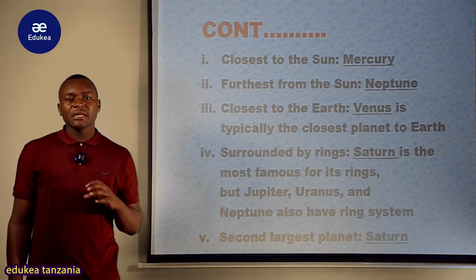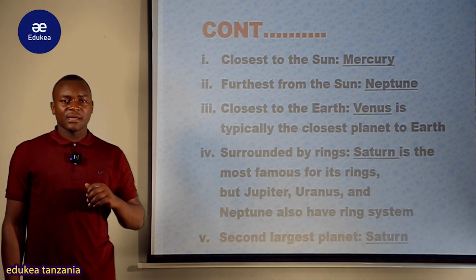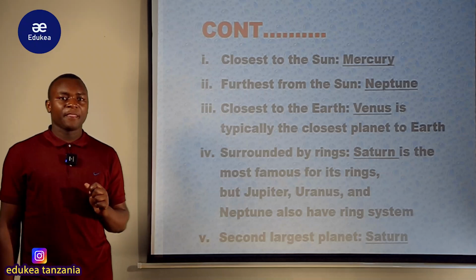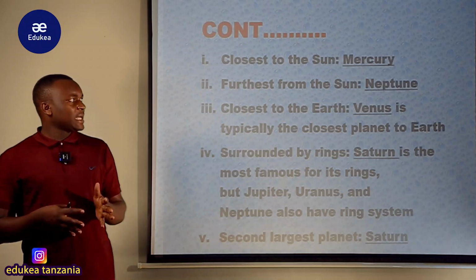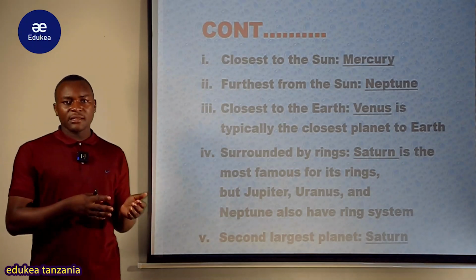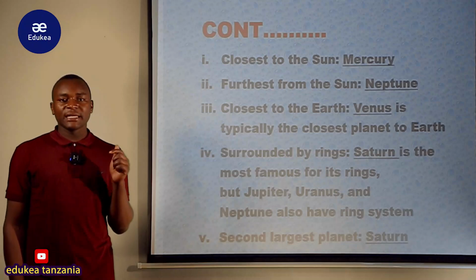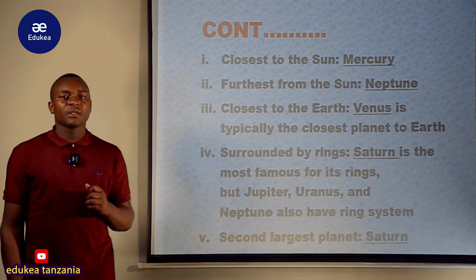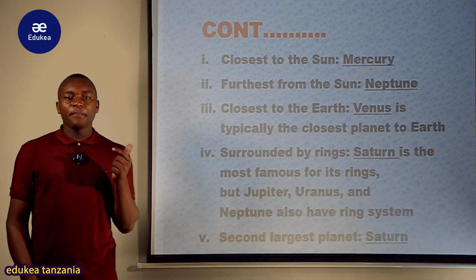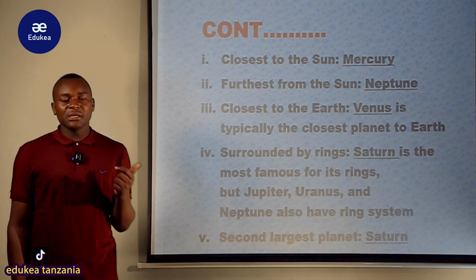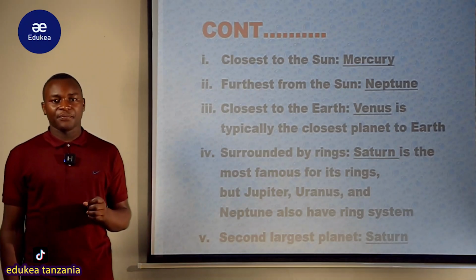We say that within the solar system there are various planets. But the planet which is closest to the Sun, we call it Mercury. So Mercury is the only planet which is the closest to the Sun.